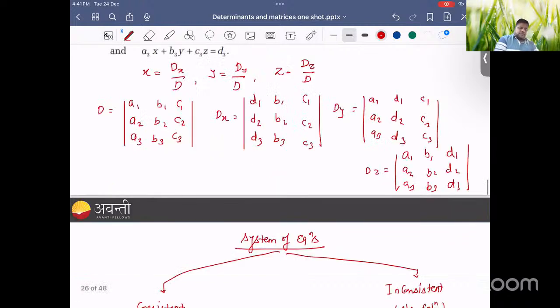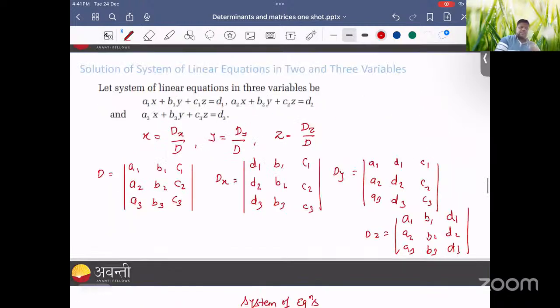Now, since we are already aware of 3D geometry, you can see these are the equations of 3 planes. These 3 planes will either have a unique solution, they will intersect at one point, or they will have infinite solutions if they have a common line of intersection.